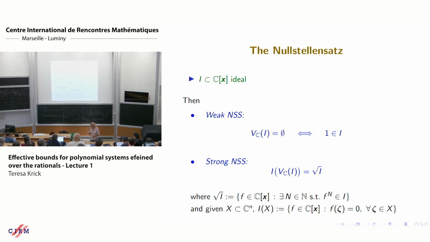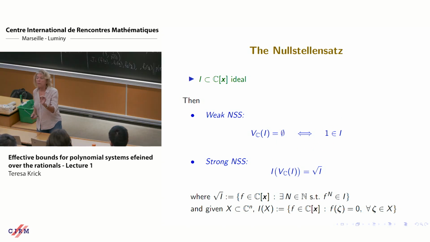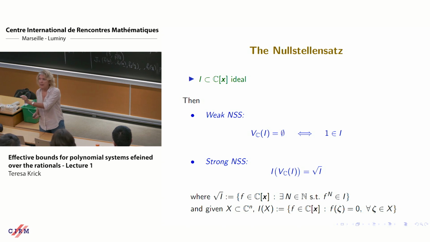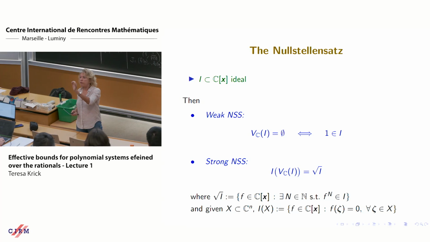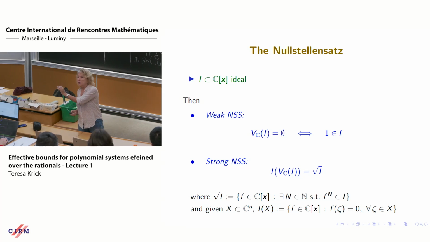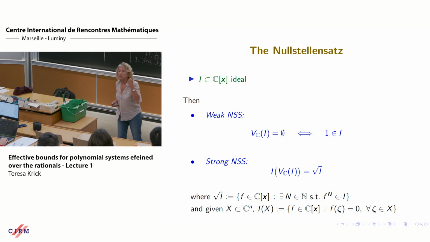So people were looking for quantitative, effective versions of this. What does that mean? If I know that 1 belongs to the ideal, can I say that 1 equals G1 F1 plus ... plus Gs Fs with some prescribed degrees for the G1, ..., Gs? That is what is called the effective Nullstellensatz: putting bounds on the degrees.